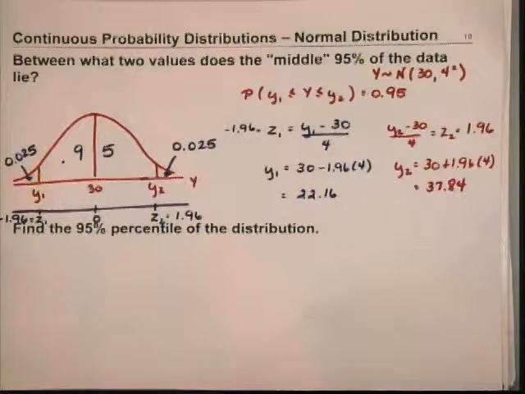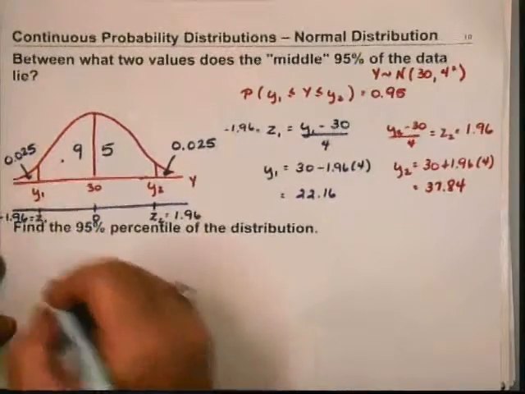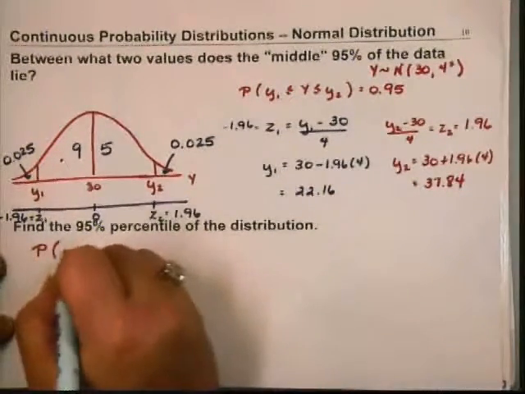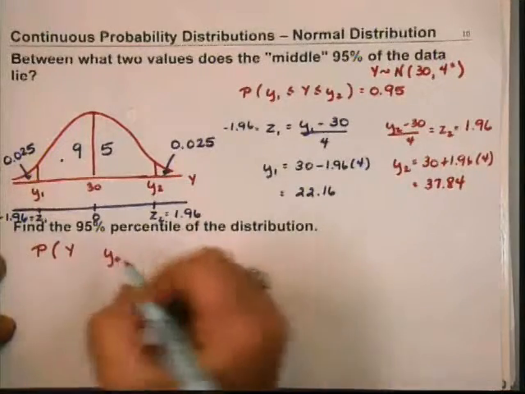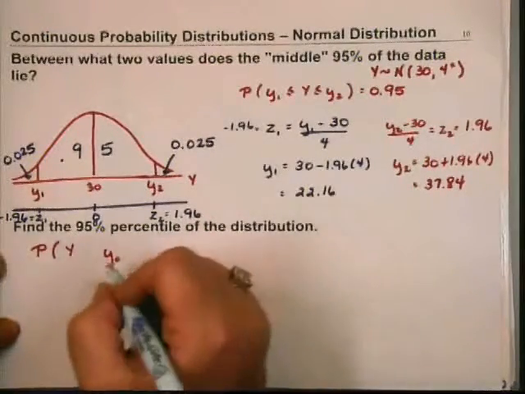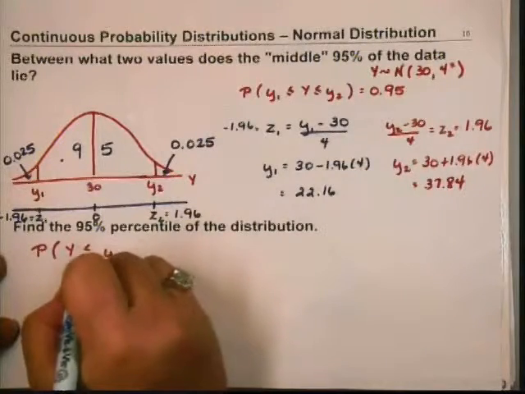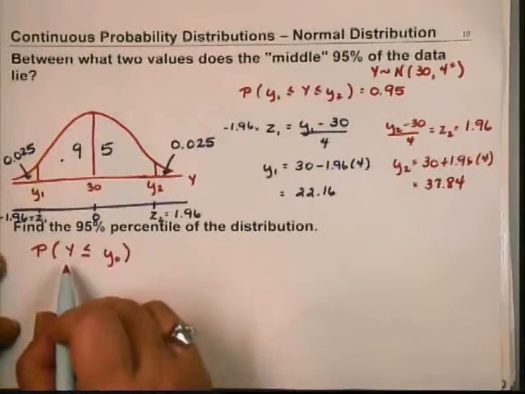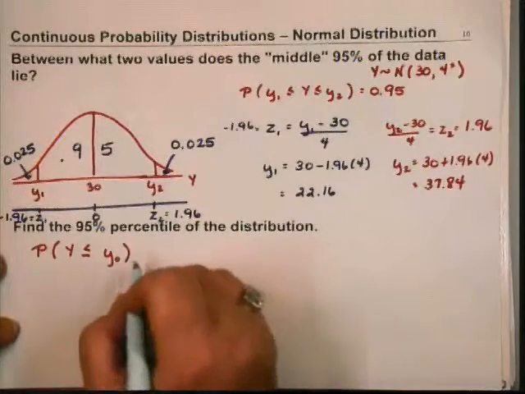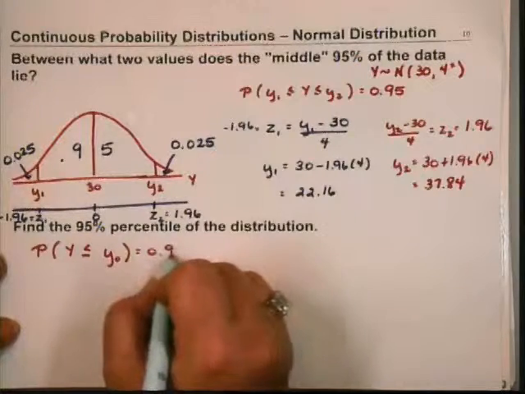Find the 95th percentile of this normal 30, 16 distribution. So that means we need to find a value, we'll call y naught, such that the probability that the random variable y is less than or equal to y naught is equal to 0.95.